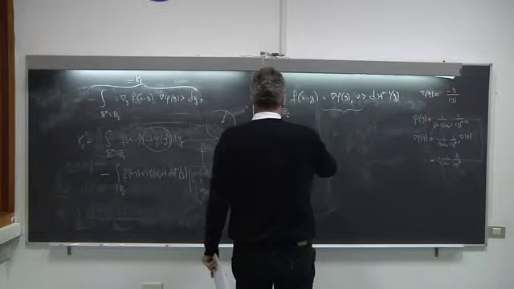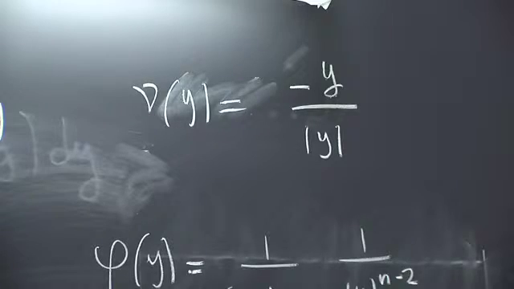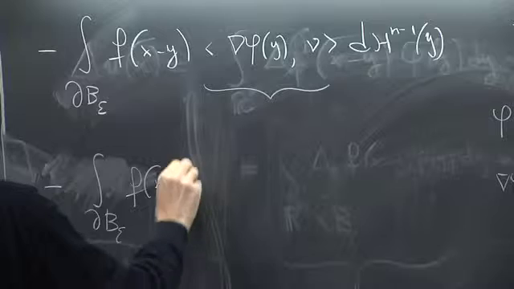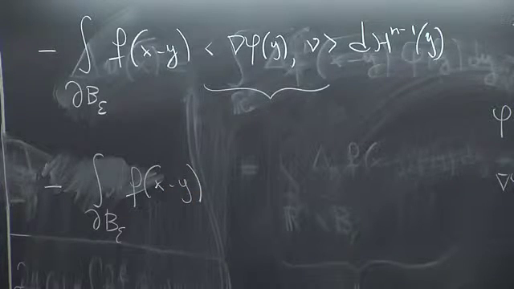Hence, if I'm not wrong, this is equal to minus the integral over the boundary of B epsilon of f of x minus y.